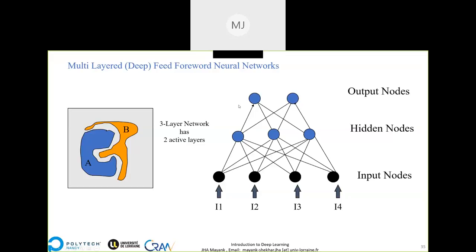As we said, linear functions are not so useful for classification purposes, because essentially, if we are using just linear functions in all the nodes of the neural network, then what we will eventually be able to do is create linear discriminant functions.